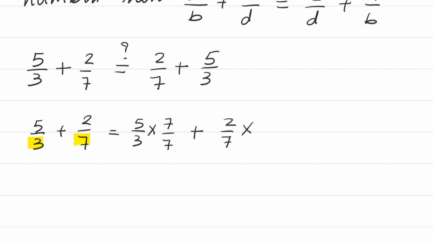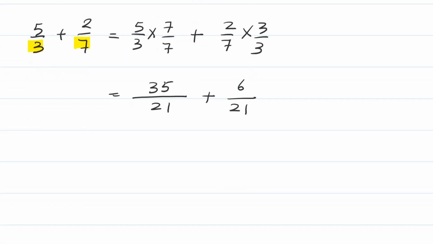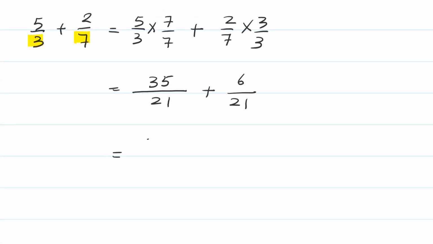Multiply 2 by 7 by multiply and divide by 3. So first number is equivalent to 35 by 21 and second number is equivalent to 6 by 21, and therefore 5 upon 3 plus 2 upon 7 is 35 plus 6 upon 21, 41 by 21.